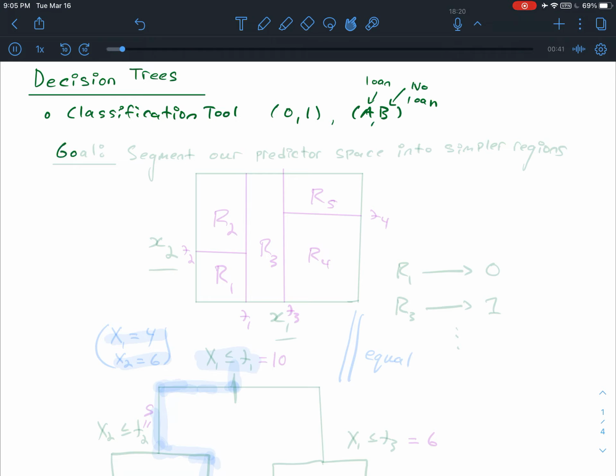And the goal of a decision tree is to segment our predictor space into simpler regions. Now that sounded kind of confusing. So let's just take a toy example and see if we can start to dissect this.